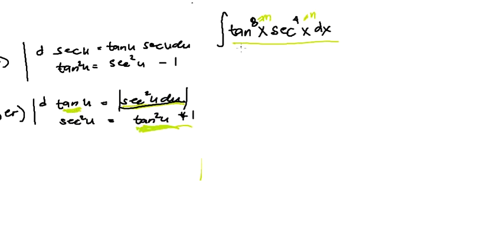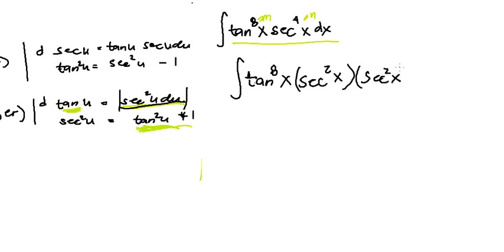Isolating the secant squared, we have tangent 8x, and then we factor out the secant squared x, so we multiply another secant squared x here to complete our equation.